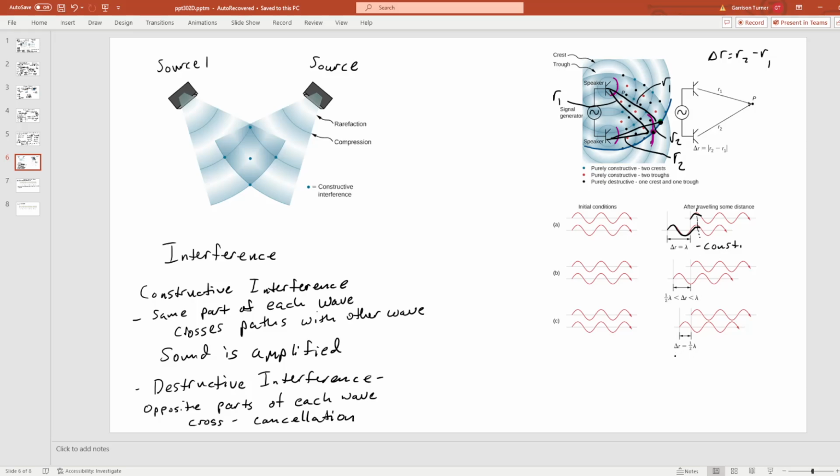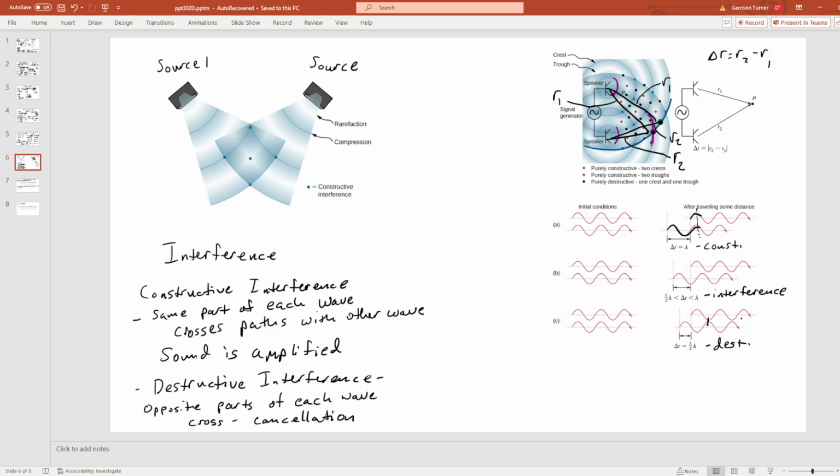So if this difference delta R is exactly half of a wavelength, then I will get a trough meeting a crest, and we get destructive interference. Okay? When the path length is intermediate between the two, then you just get interference.